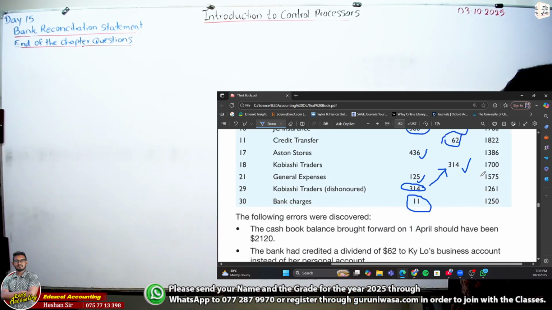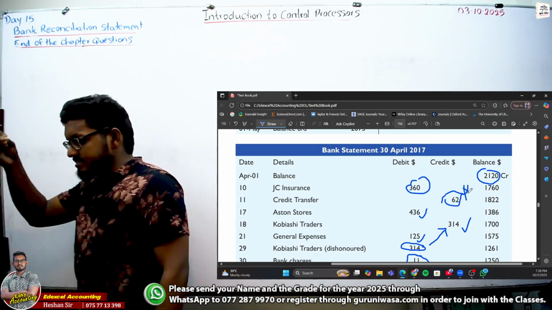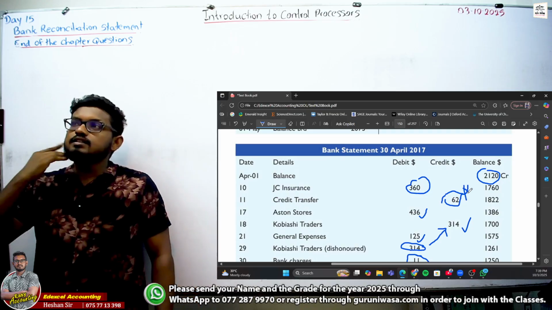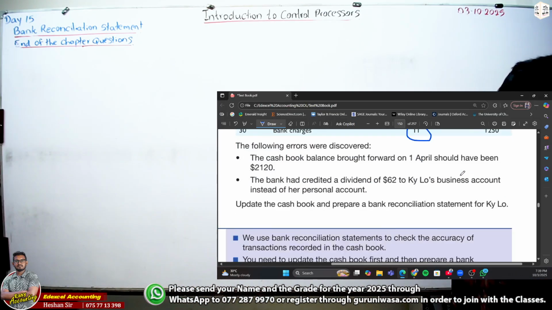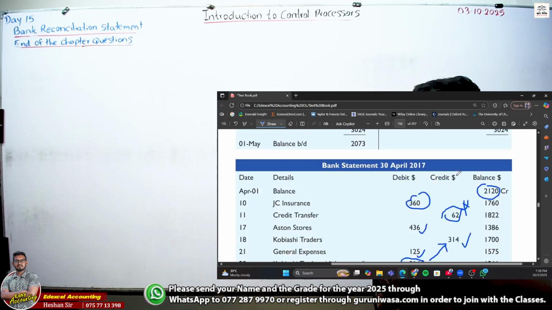This 62 is relevant to his personal affairs, not to the business, which means the dividend should have been received in his personal account, but the bank mistakenly recorded it in the bank statement. Update the cash book and prepare the bank reconciliation statement.